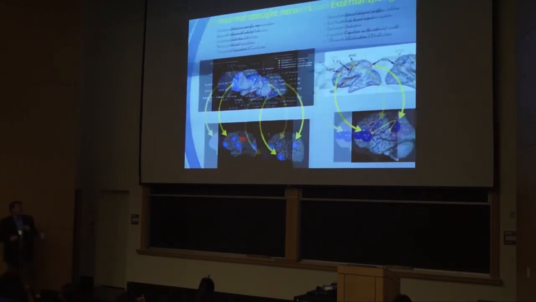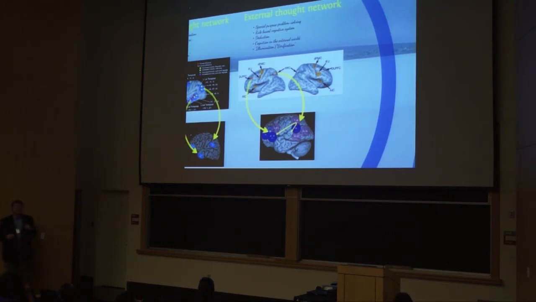Now this is in contrast to the external thought network, the cognitive control network, the attention network. This is the dorsolateral prefrontal cortex and the superior parietal cortex. We've done previous research that sees significant overlap with intelligence networks, the bigger, better, stronger, faster networks in the brain.